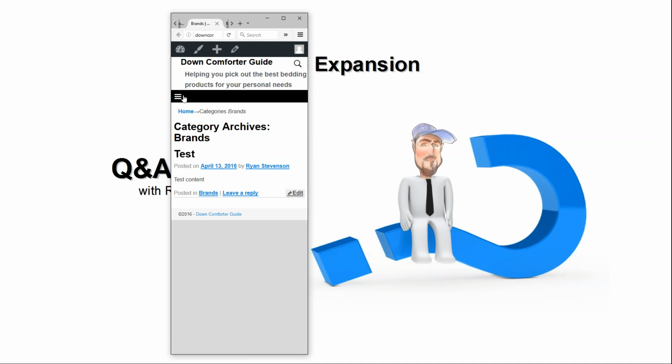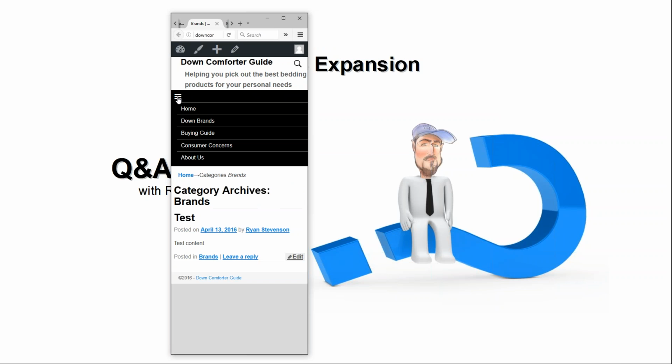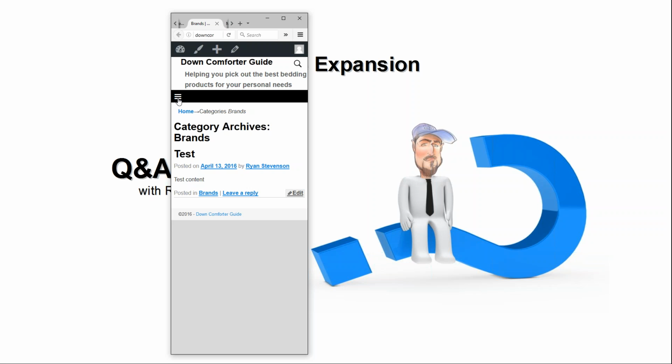Yeah, I can force it to do it here. In the Weaver Extreme theme, on a cell phone, it'll get rid of the top menu, kind of like what you see here, and it turns it into these three lines, and I have to click it to expand my menu. So it's possible they may have overlooked your menu completely.